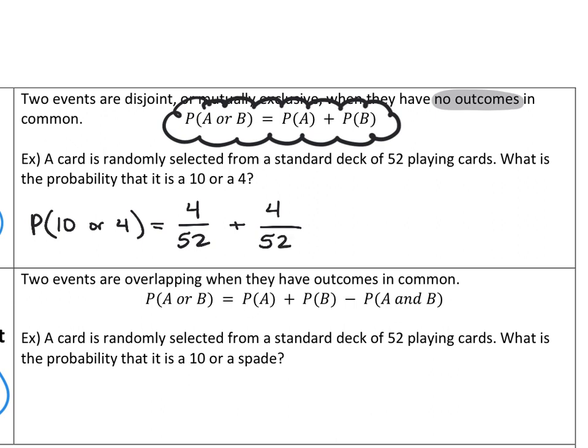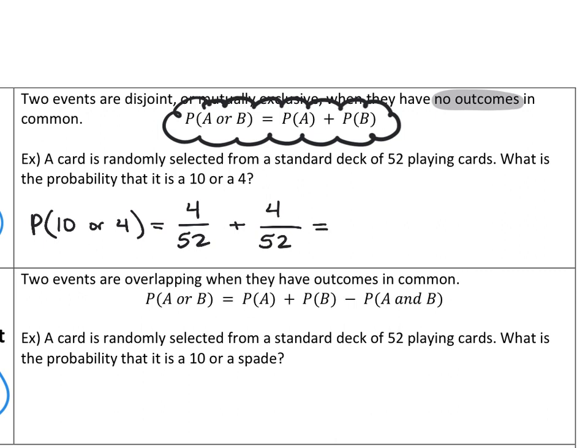Have we never played card games before? Oh, we haven't. Okay, so this example isn't really helpful for you. Well, there are 4 of each kind of card in a deck of cards. There's 1 heart, 1 spade, 1 club, and 1 diamond, which makes 4 of each kind. So there are 4 10s in a deck of cards and 4 4s in a deck of cards. So to find out if we randomly pull a card and it's either going to be a 10 or a 4, we just add those together.